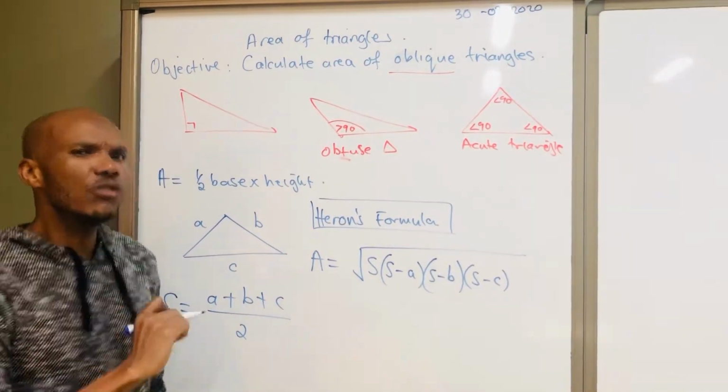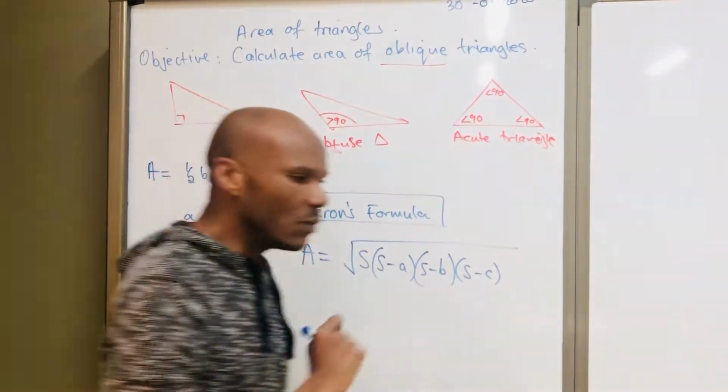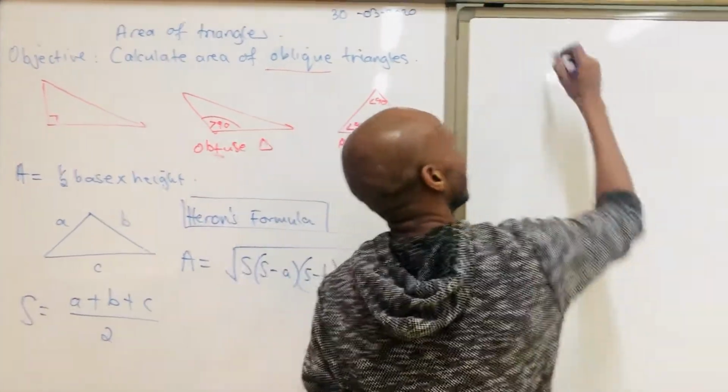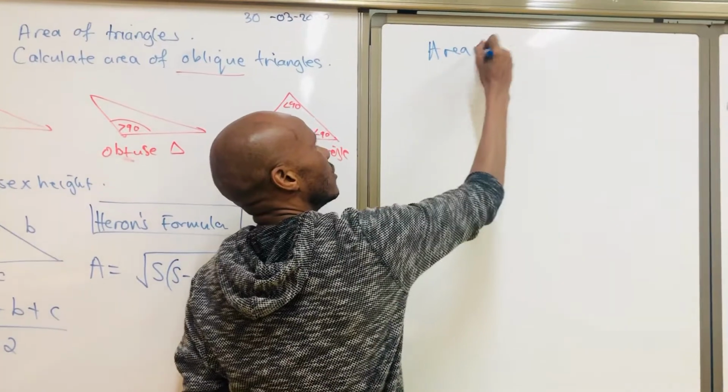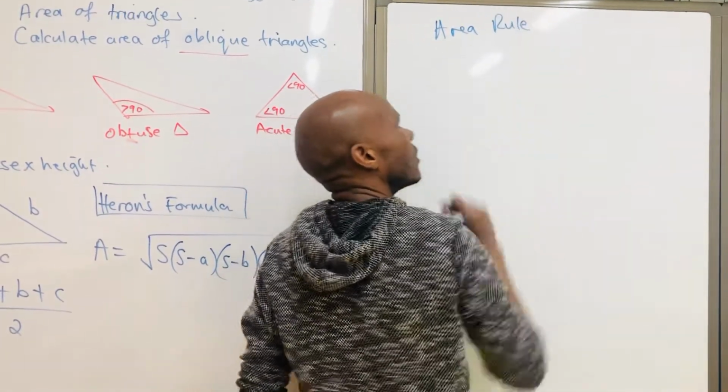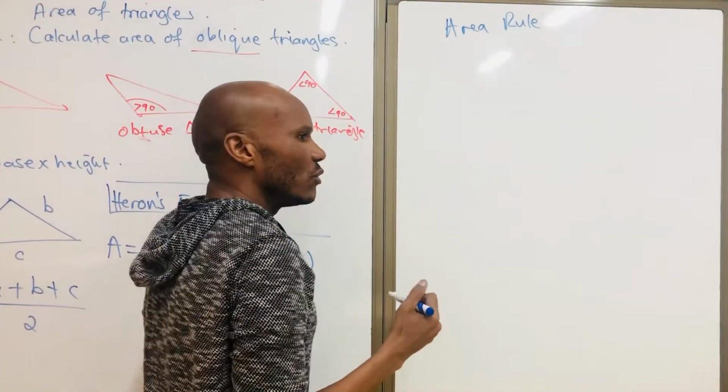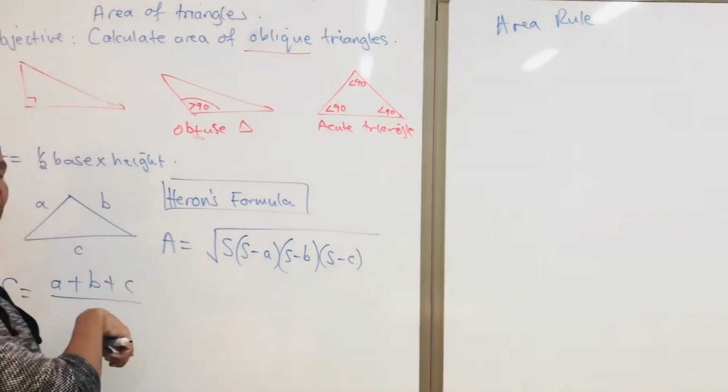Now I want us to look at the second one, which is the area rule. In the first situation, we have all the sides.